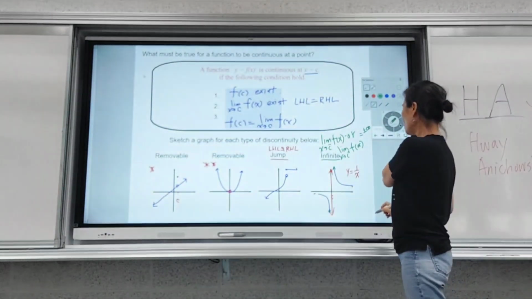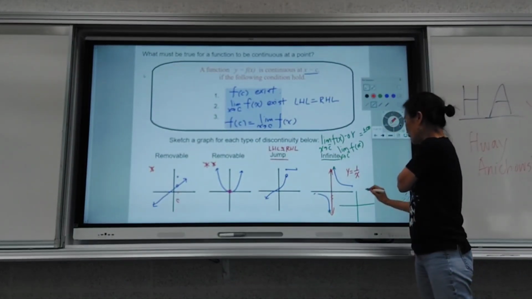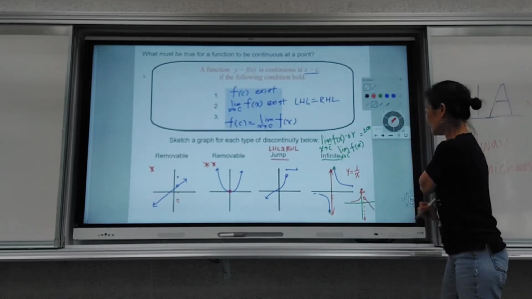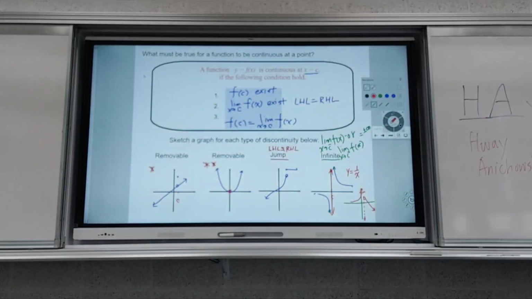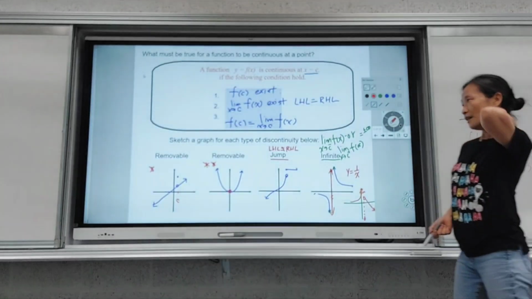Because the graph could look like this, maybe only one side goes up, and maybe the other side is linear. Doesn't matter, right? You have one side going to infinity, so we say that's an infinite discontinuity.